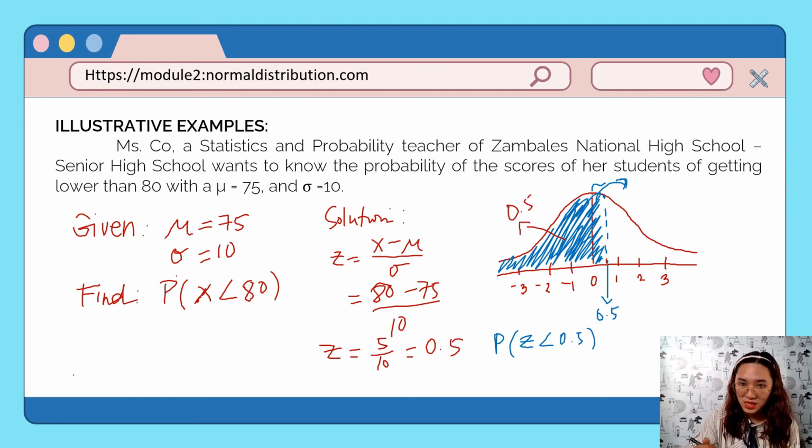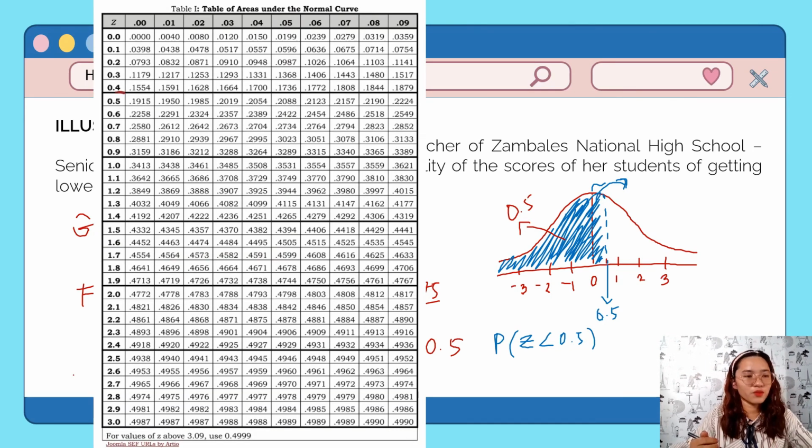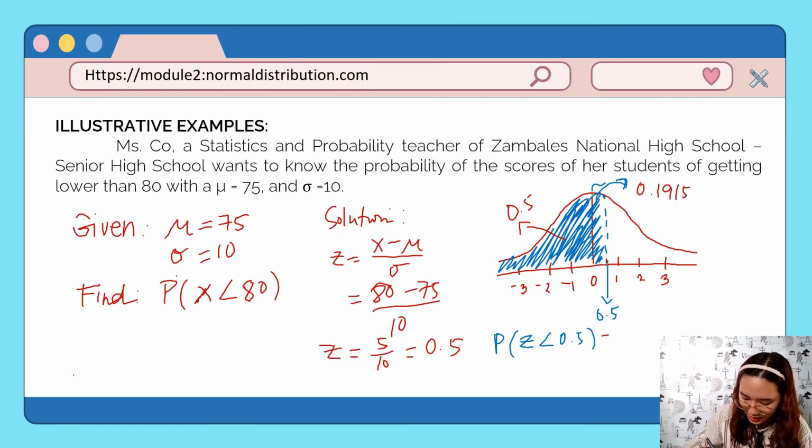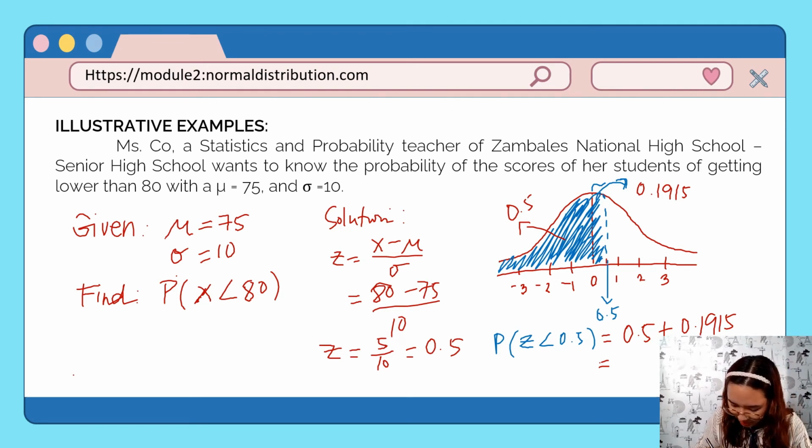So, ipagpa-plus lang po natin siya. Ang 0.5 natin sa z-table is 0.1915. So, i-add lang po natin ang 0.5 at ang 0.1915. Yun na po yung area that is lower than 0.5 or lower than the raw score 80. Okay? So, that will give us 0.6915.